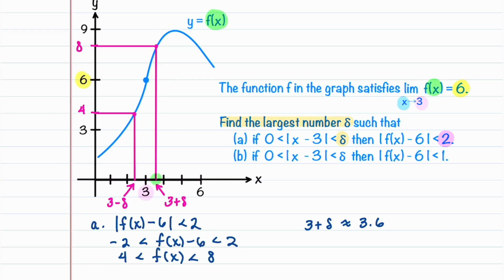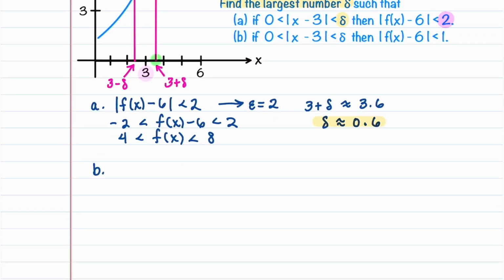Subtracting 3 from both sides, we get that delta is approximately 0.6. This tells us that the largest value delta can be is 0.6 to ensure that our function lies between 4 and 8. And let's make a note that our epsilon from up here is equal to 2.